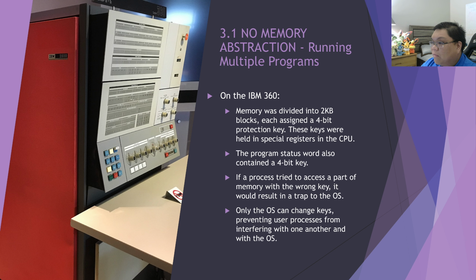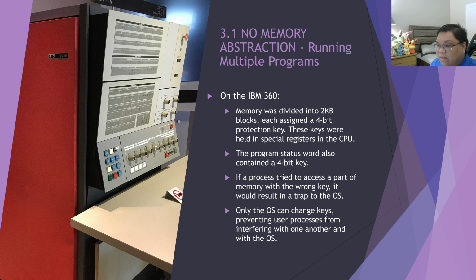So, on the IBM 360, memory was divided into 2 kilobyte blocks. Each one is assigned a 4-bit protection key. These keys are held in special registers in the CPU. The program status word of a program also contained a 4-bit key. When a program tries to access something from a specific block of memory, those keys are compared, and if they match, then that process is allowed to access memory.